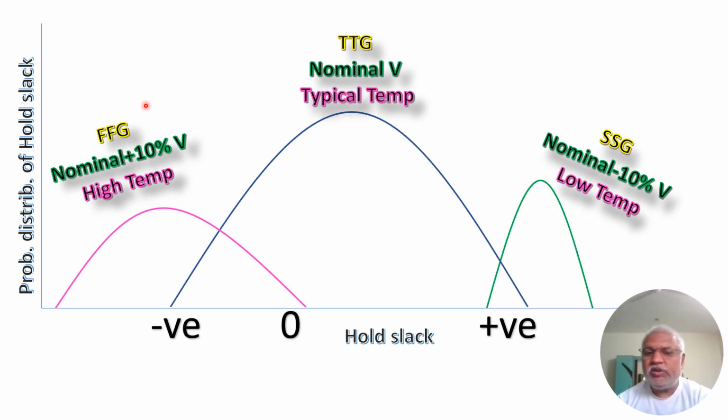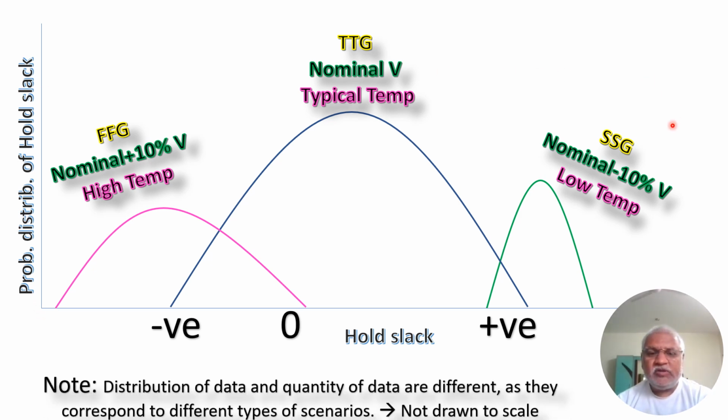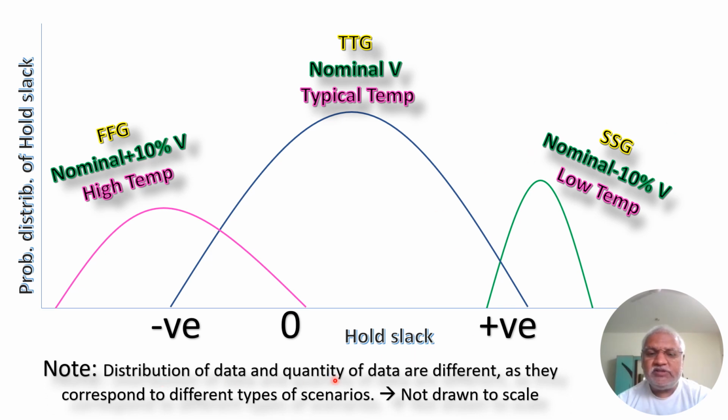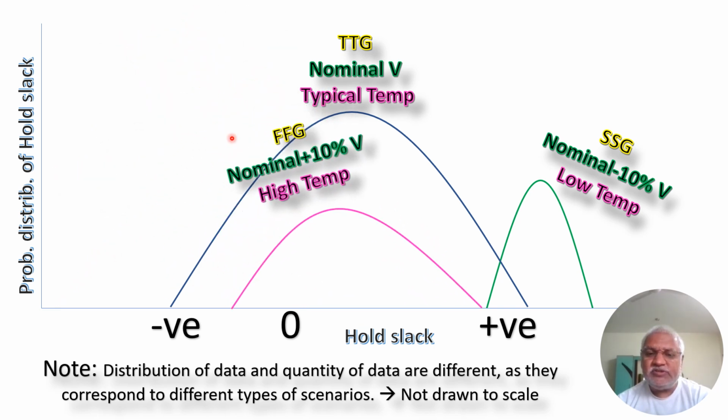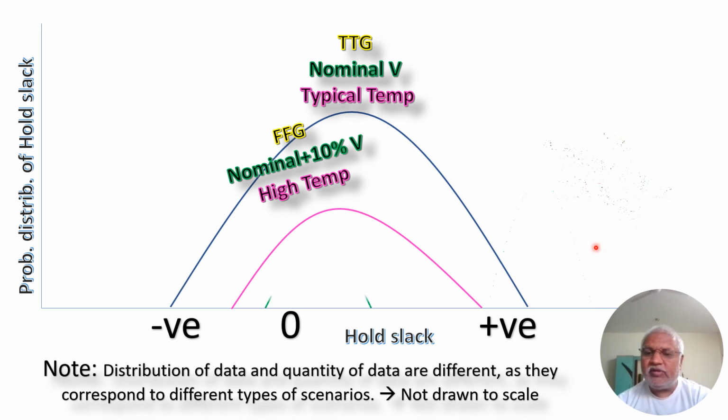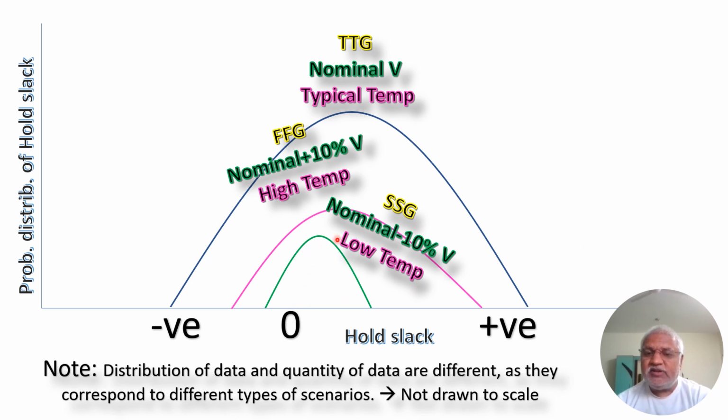But don't think that this is a given and golden statement. One more thing is that these distributions are not drawn to scale. There can be certain situations where in a design the FFG corner at nominal plus 10% and high temperature can be in this fashion and the others in that way, and in some other situations, the slow global corner can have negative values.